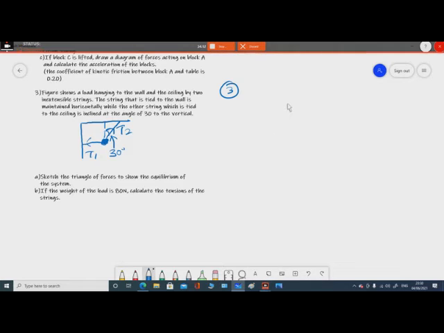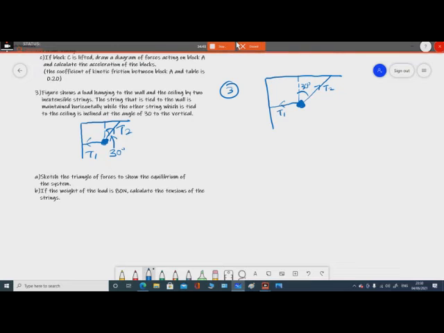Let me draw this diagram again so that you can see it clearly. So this is my object, this is the tension T2, and this is the tension T1, and between here and here is 30 degrees.